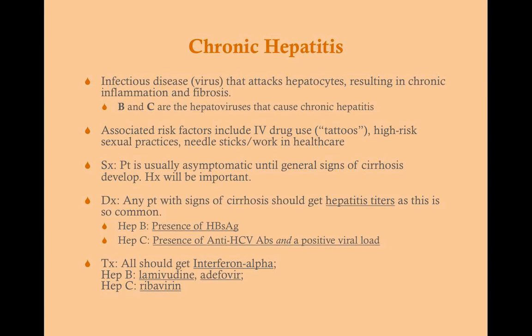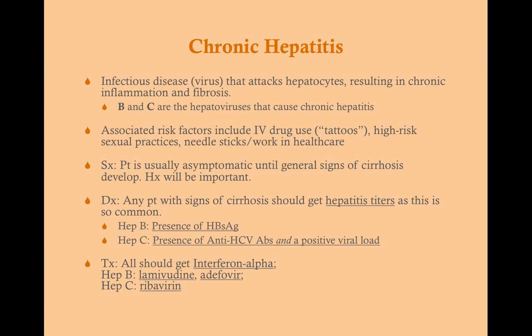So whenever a patient comes in and you realize that they have cirrhosis based on their high liver function tests and their symptoms of cirrhosis, then you should definitely get a hepatitis panel.